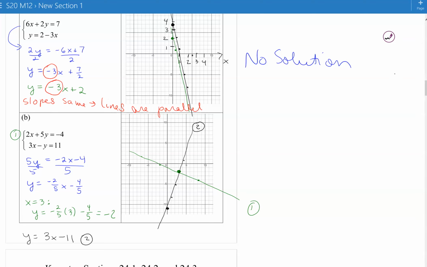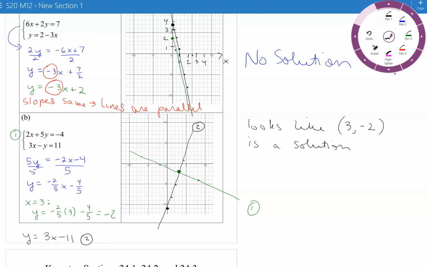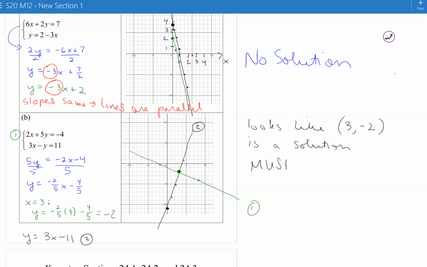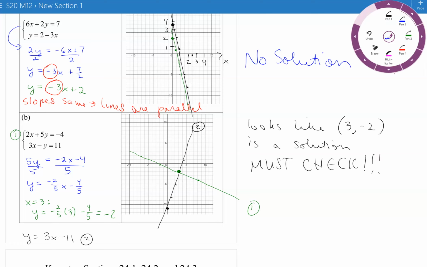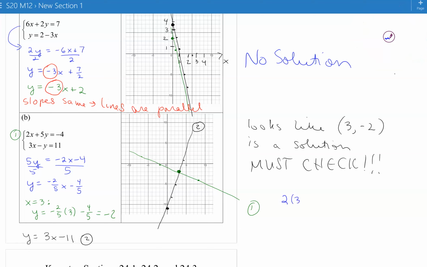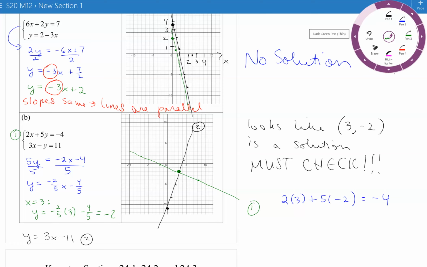And we observe that it looks like (3, -2) is a solution, but you must check. So you put 3 in for x in the first equation, and -2 for y, and you see that indeed that equals -4.